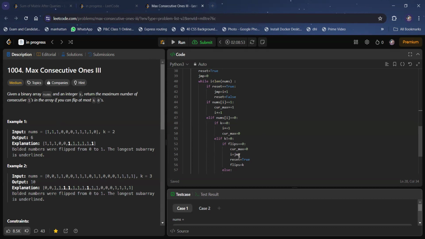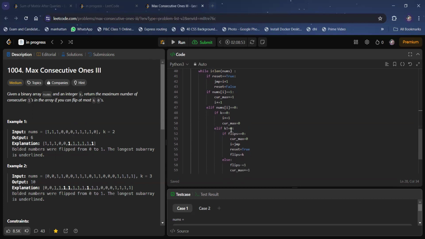So I equals jump, I am putting jump into I, and I am making reset true again. Reset basically signifies that I'm starting to make the pattern again. So when reset is true, I will set flips to be k, because I am deducting from flips every time I see a 0, I'm deducting 1 from flips. So I set flips to be k, and again I enter here.